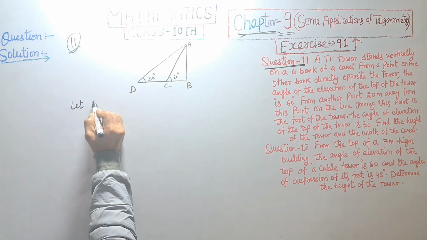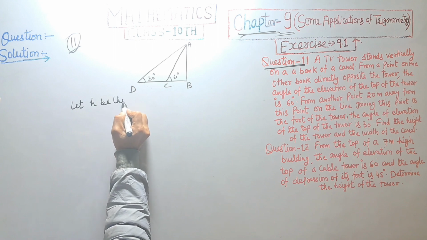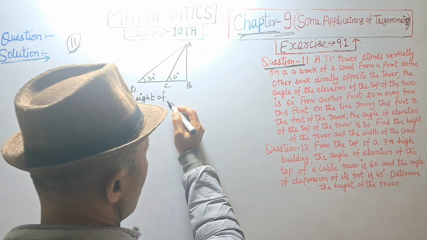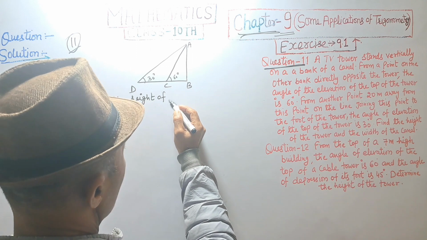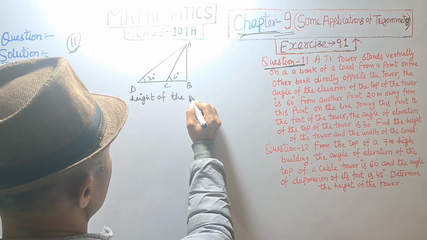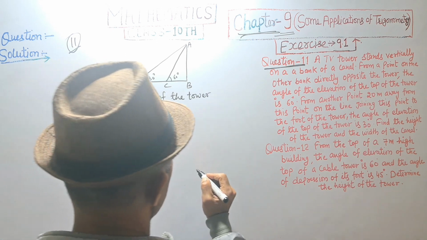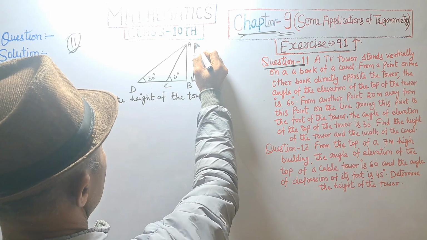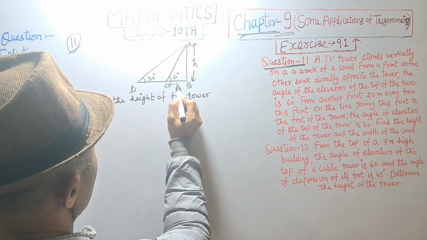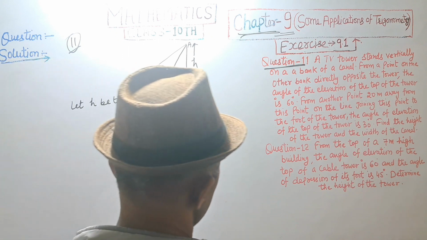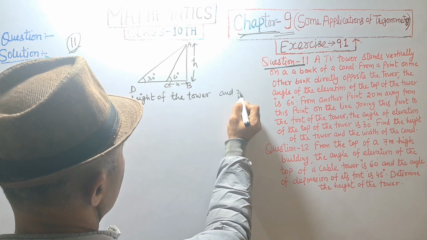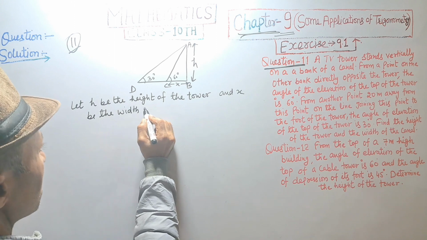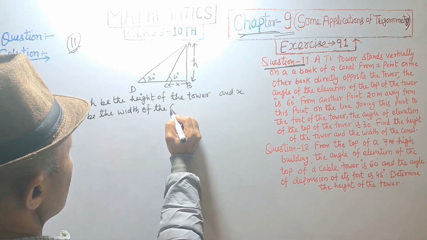Let H be the height of the tower and X the width of the canal.